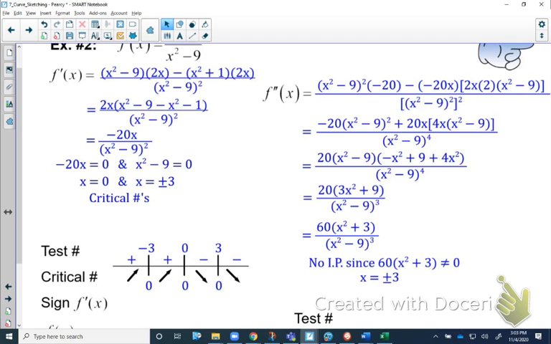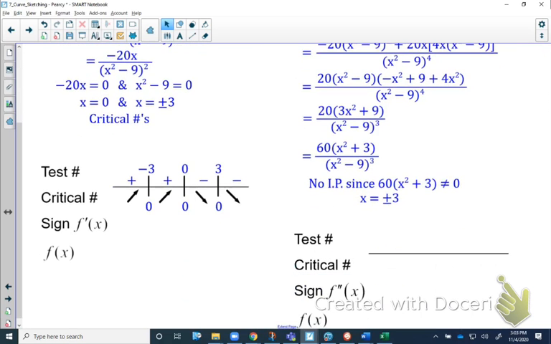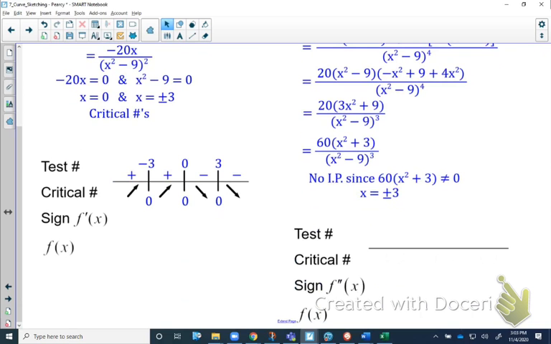So the expression in the denominator, x squared minus 9, will have two values that x could be, positive or negative 3. So again, those correlate to where the vertical asymptotes are going to be, and that should let us know where our function is going to be concave up or concave down.